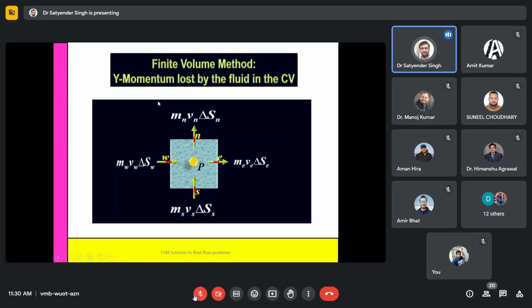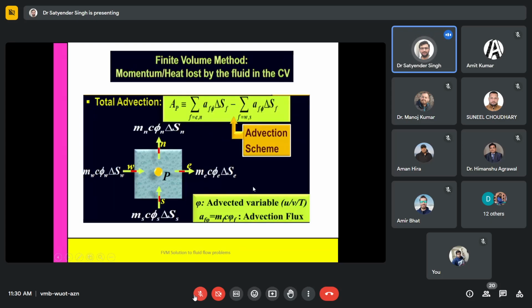Similarly, in the y direction, how to calculate them further I will discuss when I show some advection schemes. Not in much detail, because we have another expert who will present the advection schemes in much detail.